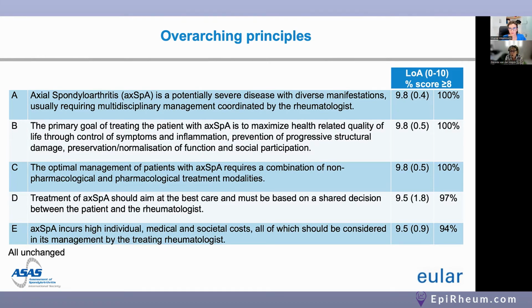Here you do not have the level of evidence, because that doesn't apply to overarching principles. Overarching principles are those things that are so obvious that you always have to do this. For example, that you discuss everything with the patient, and how severe the disease is, etc.